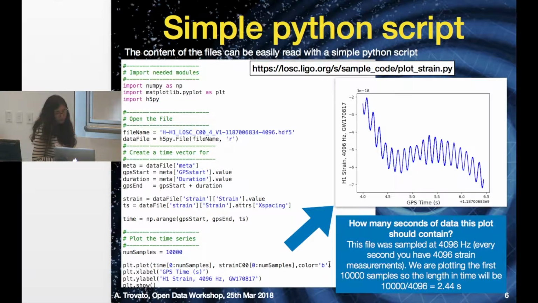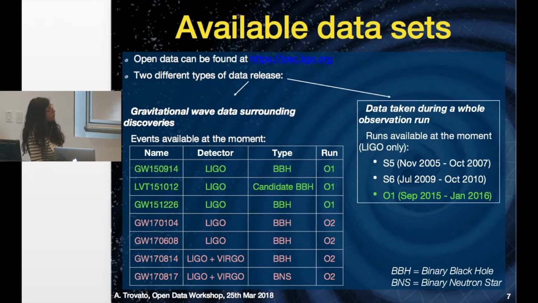So what about the available data sets? The link to the website is very simple: losc.ligo.org. You can find two different types of data release. You can find the events, the gravitational wave data surrounding specific discoveries, but also the whole observation runs. The events that you find are listed in this table.